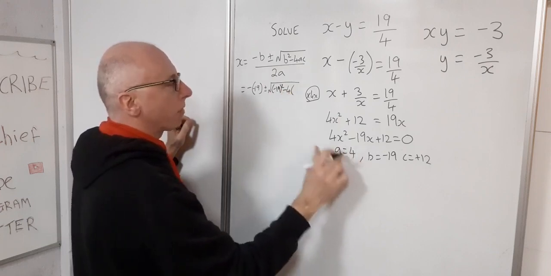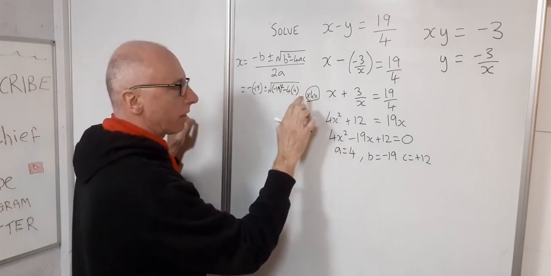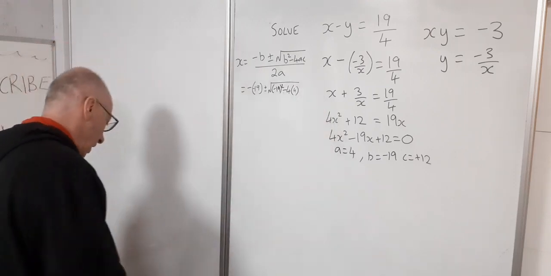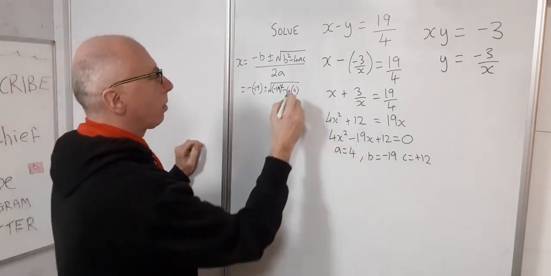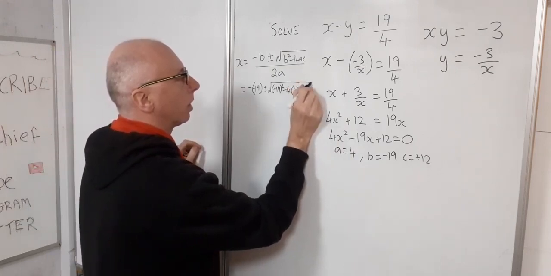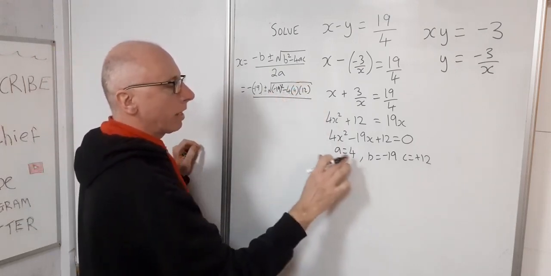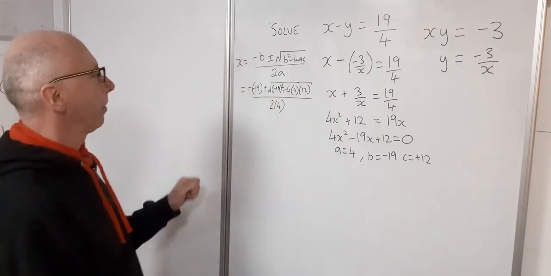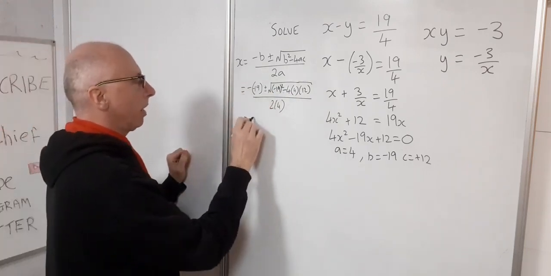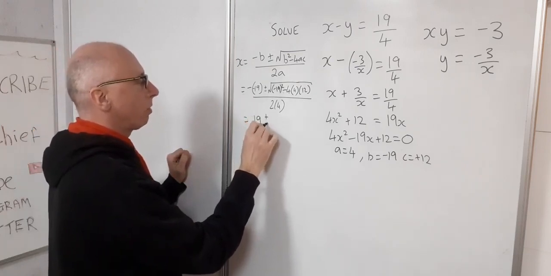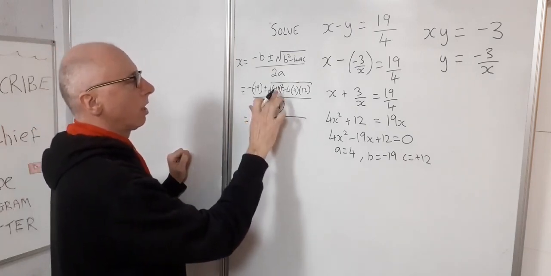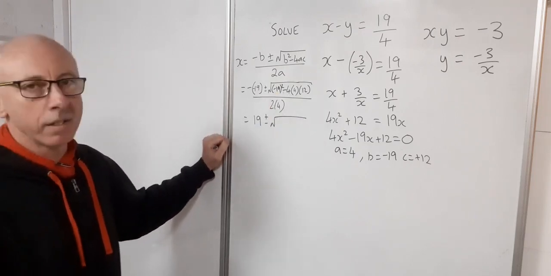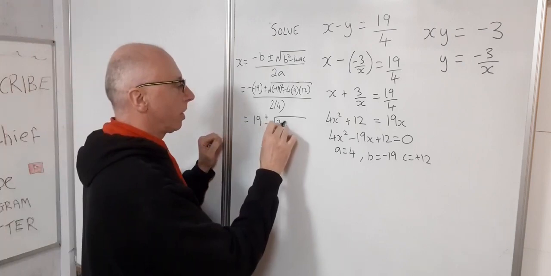4 times 4, let's take this off the board. I don't need that now. And then c is 12. Okay, divide that by 2 times a, which is 2 times 4. Okay, let's simplify this. So now minus 19 gives me 19, plus or minus square root. 19 squared, that's 361, minus 19 squared is the same, so that's still 361.